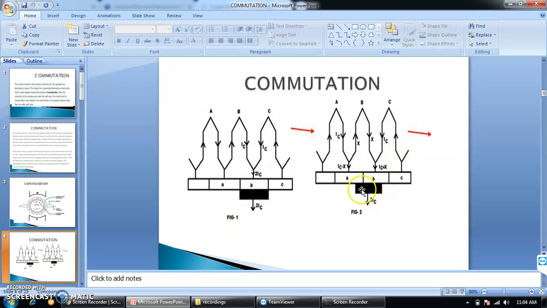First of all, as it is moving towards this direction, the brush is not covering the total B segment. It is covering only 70% or whatever fraction you can consider.